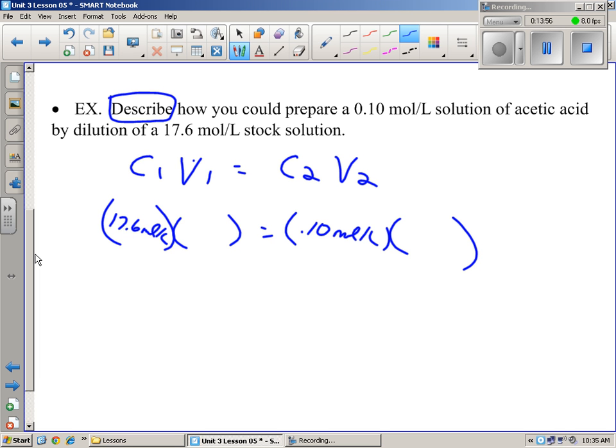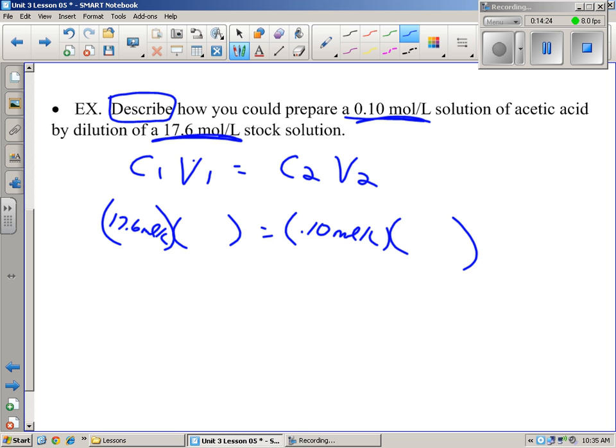If you can, let me know, because that's a magic trick that I'd like to know. The bigger concentration always has to go first when you're talking about a dilution. You're taking something stronger and making it weaker.